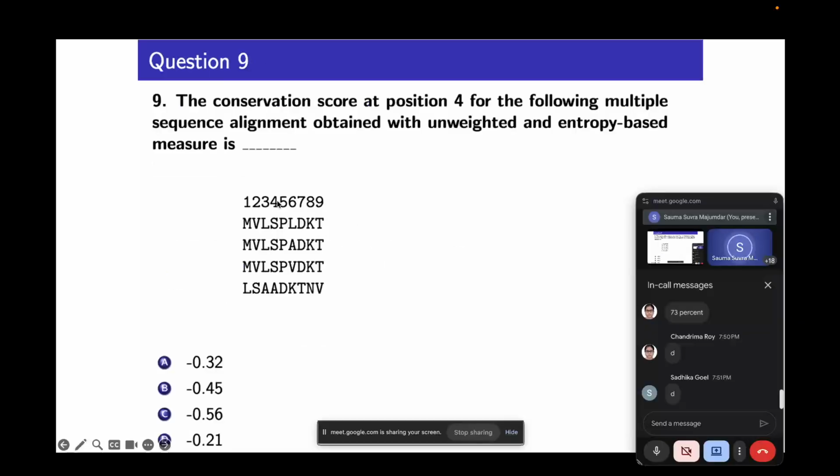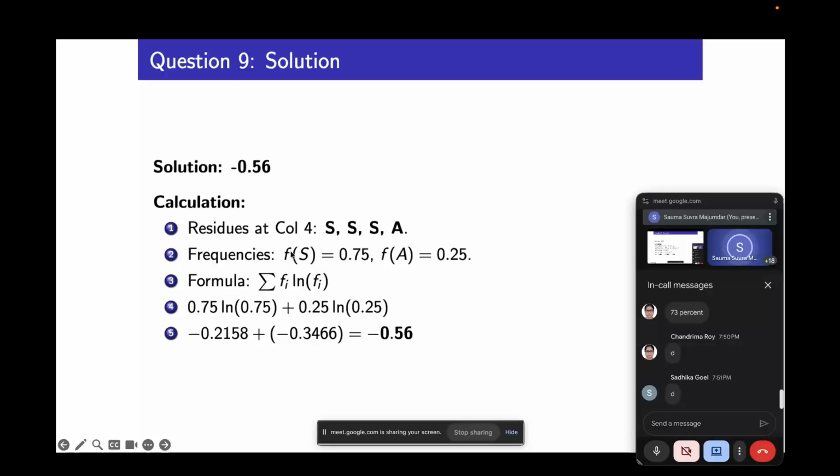In column 4, you have 3 S and 1 A, so there is 75% for S and 25% for A. So fS becomes 0.75 and fA becomes 0.25, and then you do the summation: 0.75 log 0.75 plus 0.25 log 0.25. I think the people answering negative 0.21 missed this portion, but you also have to consider the other frequency as well. If you add this up, it comes to negative 0.56.